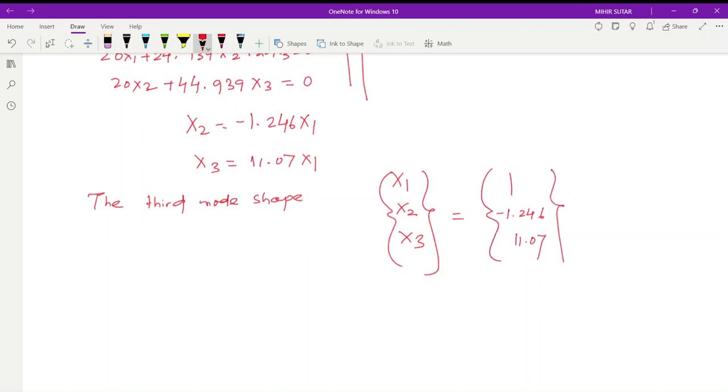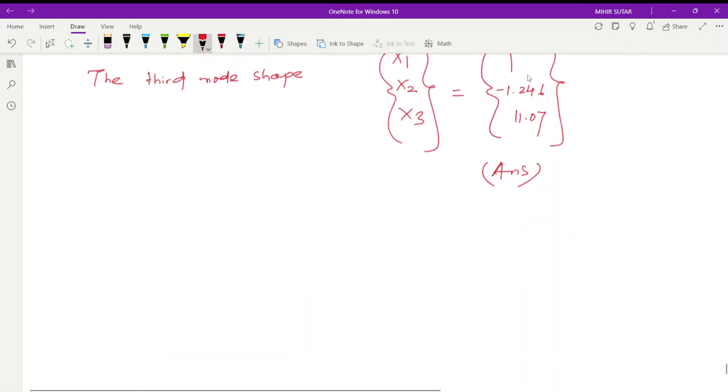So we got the 3 natural frequencies and the 3 mode shapes. So in this way we can solve problems related to the multi-degree of freedom system, okay.